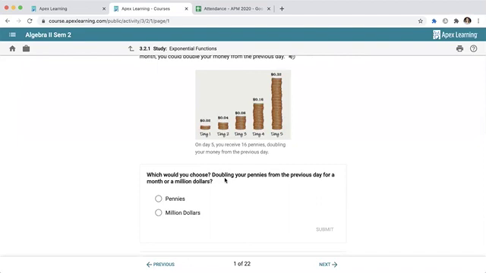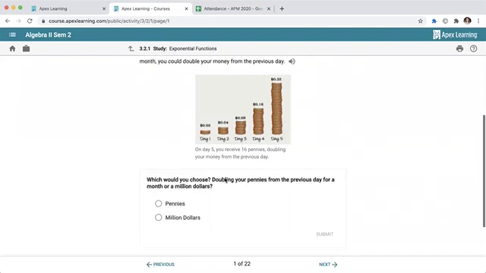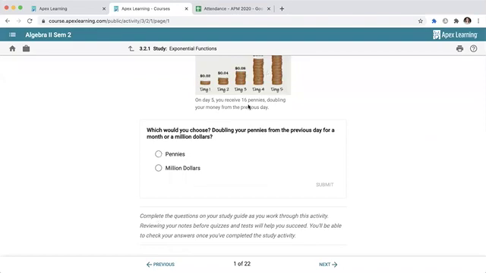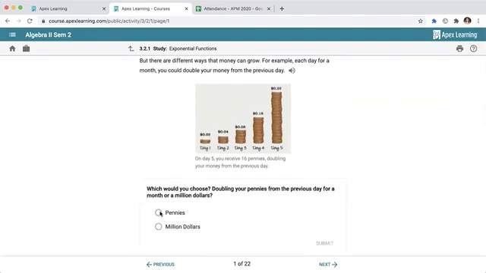Obviously, if we had the option here, we would want to double our pennies for a month. Oh, it won't let me click it. Apologies.